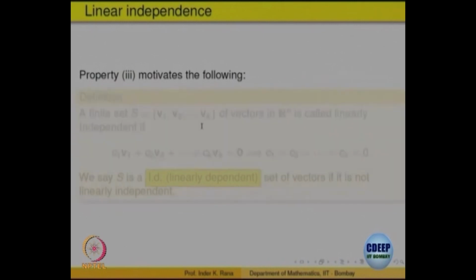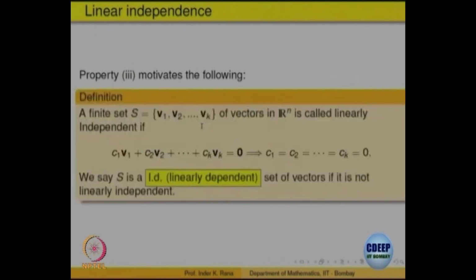That set is called linearly dependent. So opposite of independent, we will say it is dependent. Independent means 0 has unique representation, and dependent means that 0 does not have. That means sigma alpha_i v_i equal to 0 for not all alpha_i equal to 0. Such a relation should be possible.